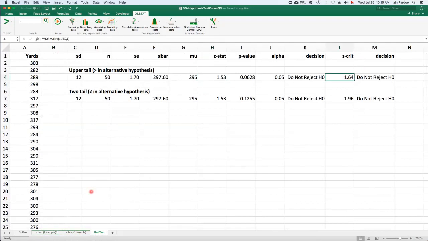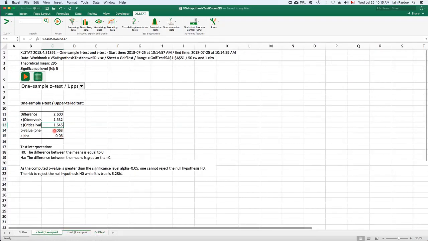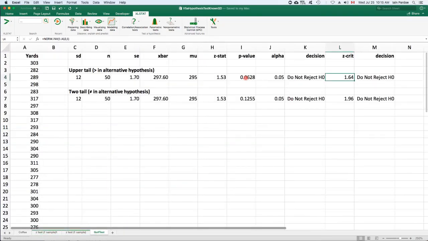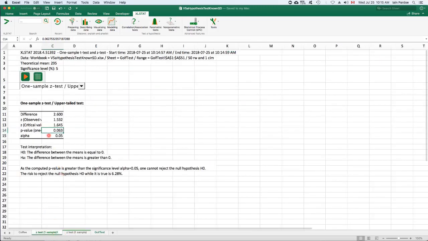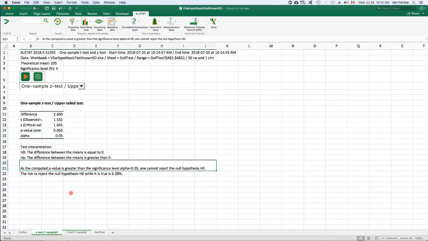Yeah. Our p-value, 0.063. Yeah, that matches with what we got before. Okay, and alpha 0.05. And in this case, we're failing to reject the null hypothesis. Okay, and it tells us this down here. We cannot reject the null hypothesis.